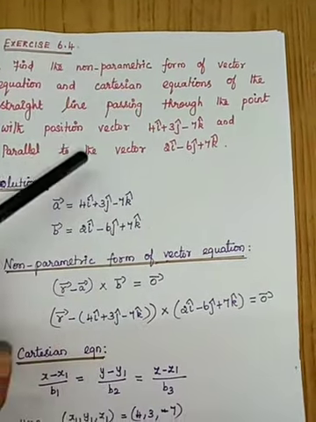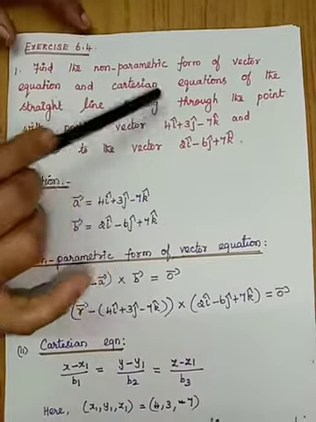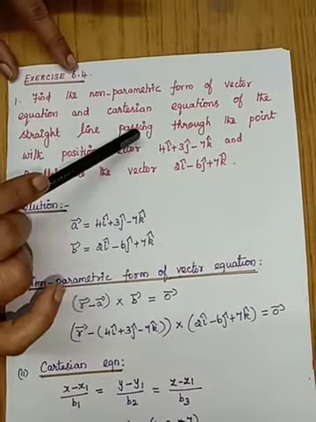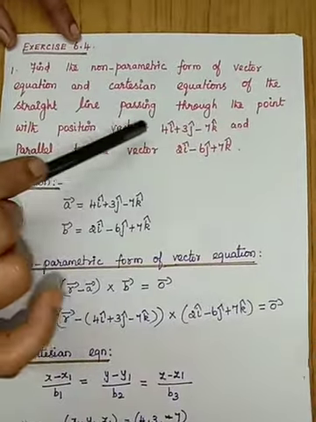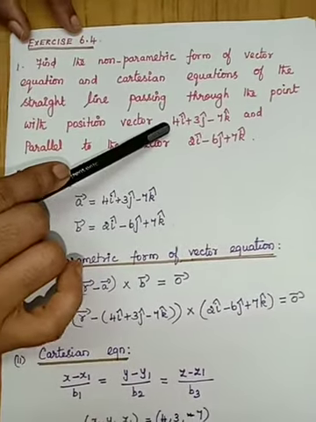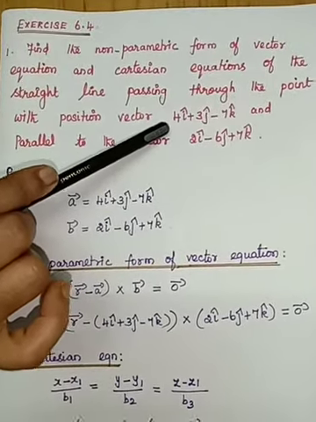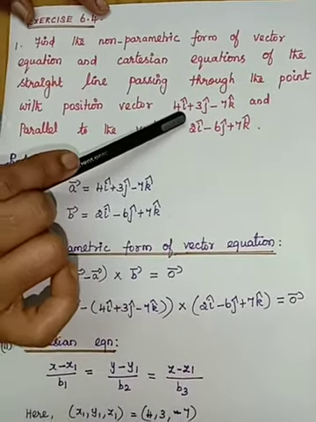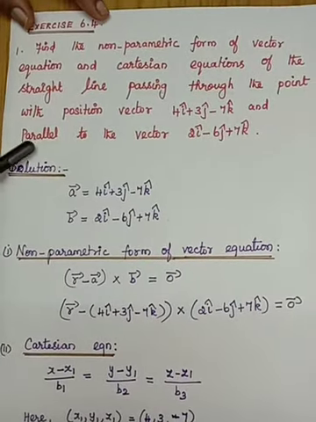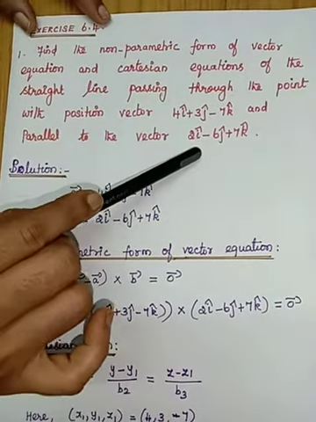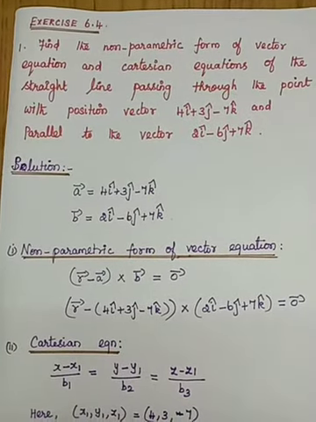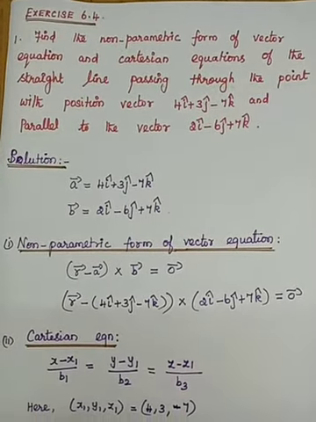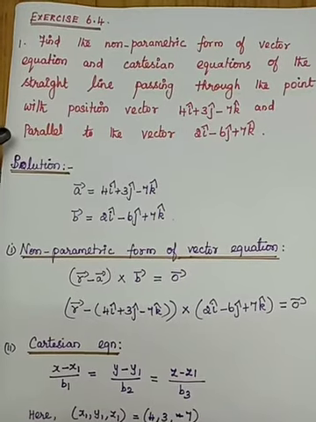Okay, see what is given. The straight line passes through a point whose position vector is given, and the line is parallel to a vector. So in this problem, one passing point and one parallel vector are given.